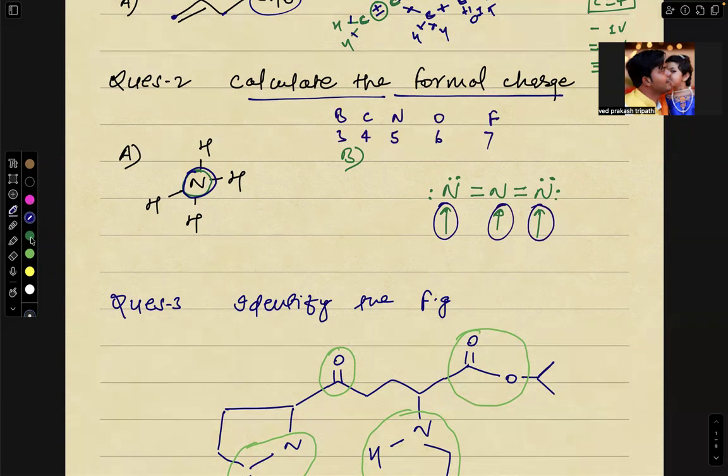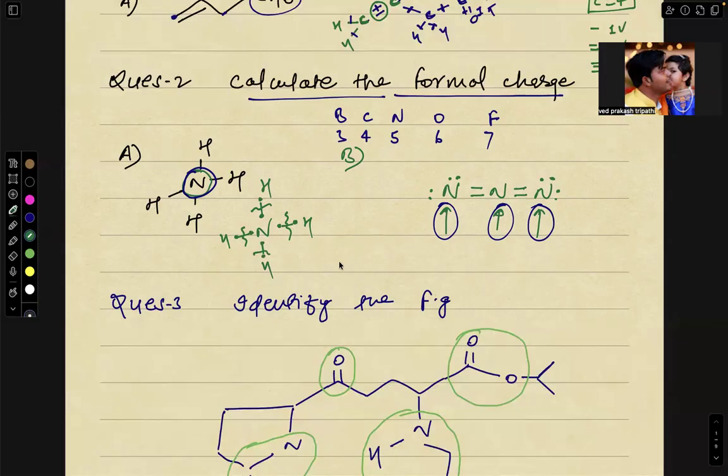Suppose we have to find the formal charge of this nitrogen. So look at the bonding. Now break all the sigma bonds around nitrogen. So here 1 electron, here 1 electron, break this one, here 1 electron, here 1 electron, 1 electron, 1 electron, 1 electron and 1 electron.